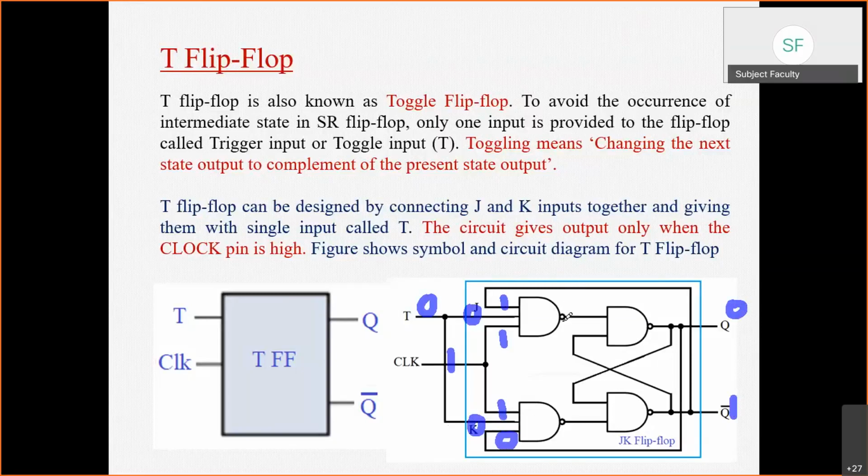Now what will be the value of this output? When any one of the inputs of a NAND is 0, the output of that NAND will be 1. So the output of this NAND will be 1. Similarly, when one of the inputs to this NAND is 0, the output will be 1. So now both the outputs are 1 1. But now we have the value of Q as 0.